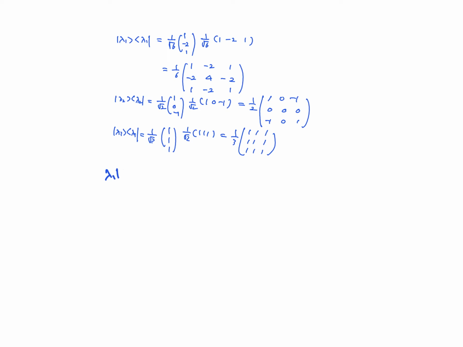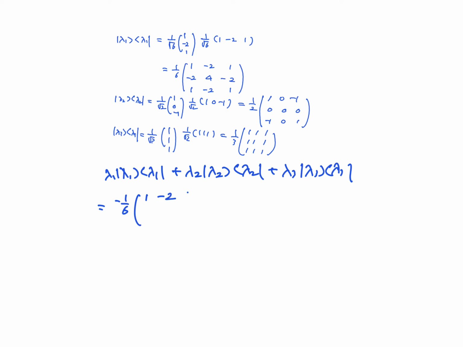Lambda 1, lambda 2, lambda 3. And let's see what happens. Lambda 1 is minus 1, right? So minus 1 over 6, 1 minus 2, 1, minus 2, 4, minus 2, 1 minus 2, 1.